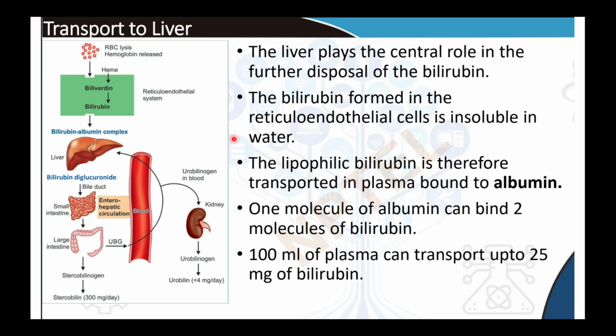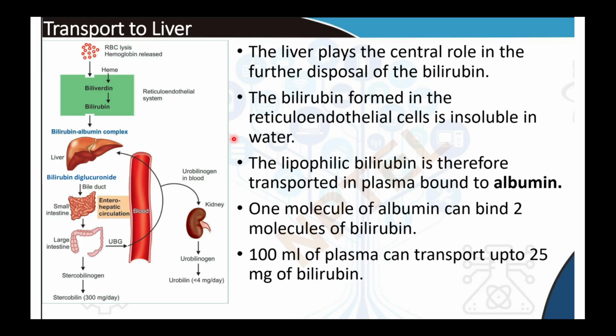Humans also have albumin in their serum. It is human serum albumin, and with that albumin, this bilirubin binds and becomes soluble. Basically, albumin carries the bilirubin in the plasma, in the serum, so that it can be transported to the liver.